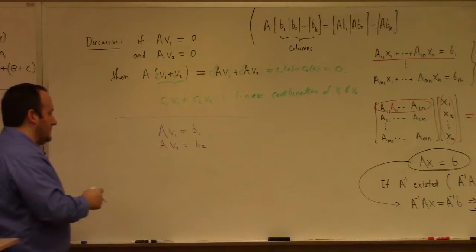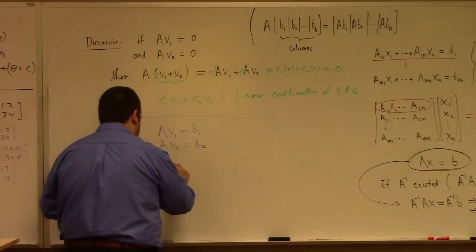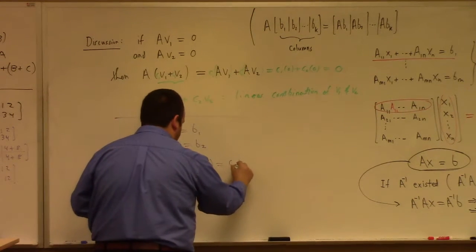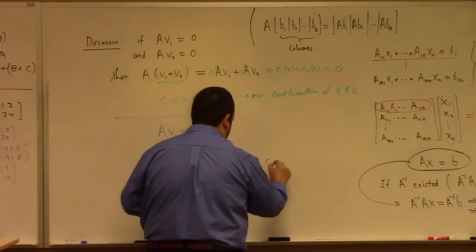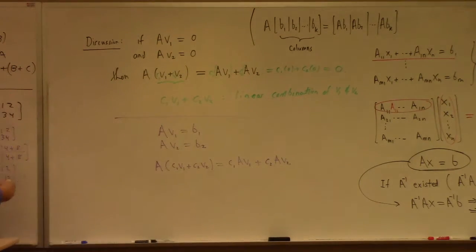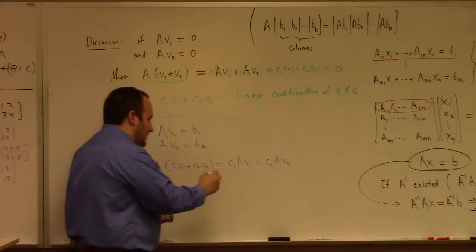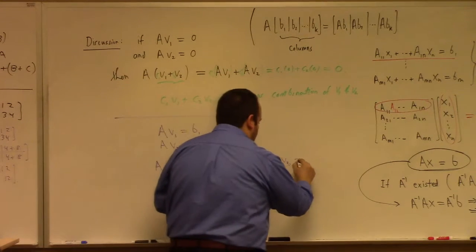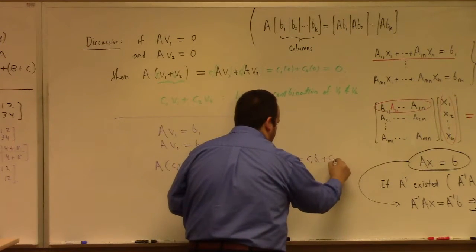Then if you look at A times C1V1 plus C2V2, what do you get? By the matrix multiplication properties, we have this distributivity, but this is B1, right? And this is B2, and we get C1B1 plus C2B2.